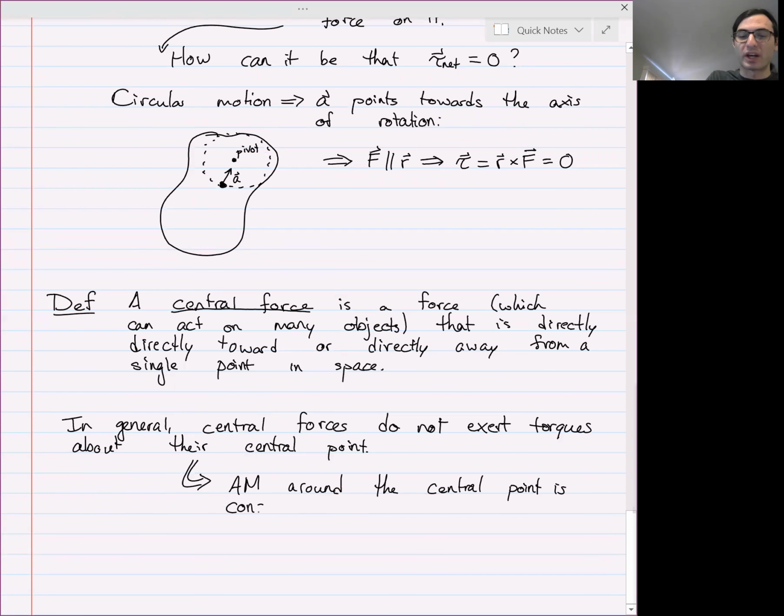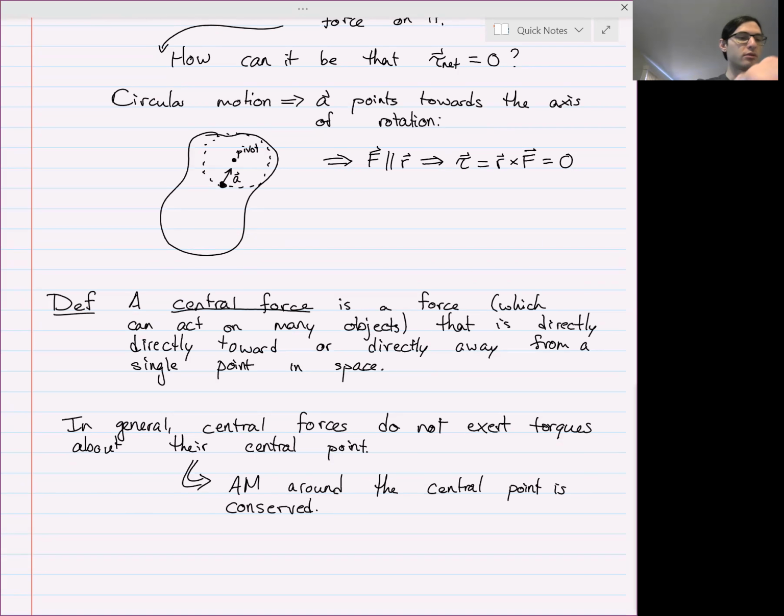The angular momentum, by the way, cares about what point you're calculating it about, just like how moment of inertia cares and just like how torque cares what your pivot point is. So if you choose your pivot point to be the location where all of the central forces are attracted to or repelled from, then using that pivot point, angular momentum is conserved. That's just because the central force doesn't produce torque, and so there are no external torques, and hence no external angular impulses.